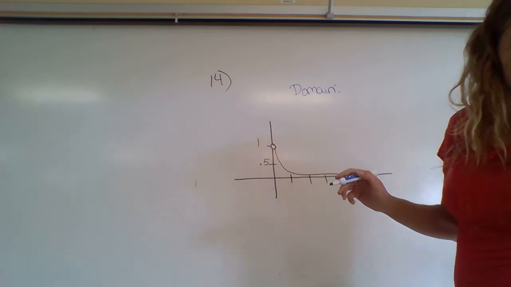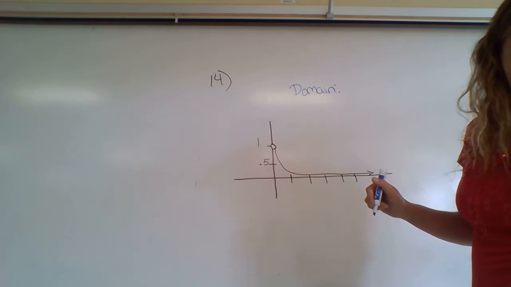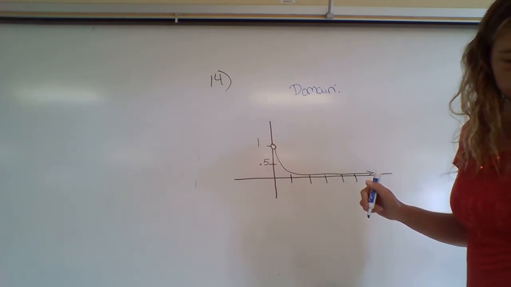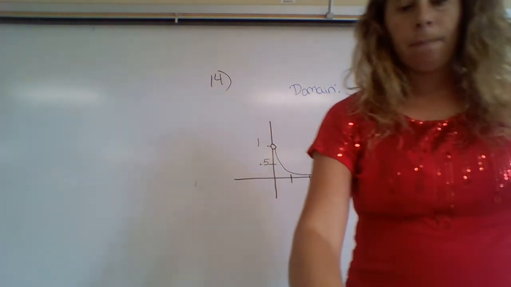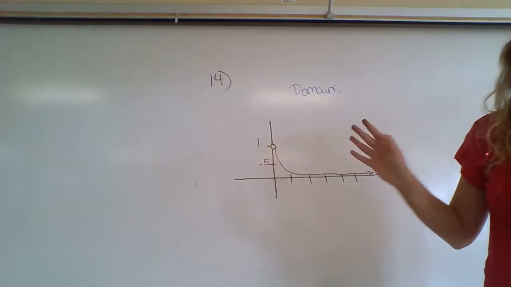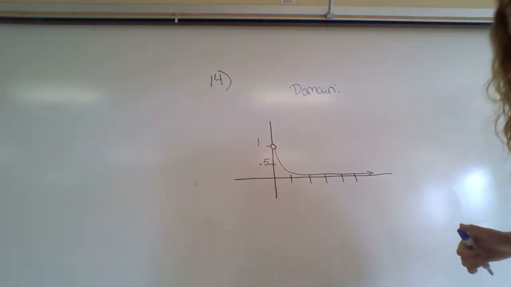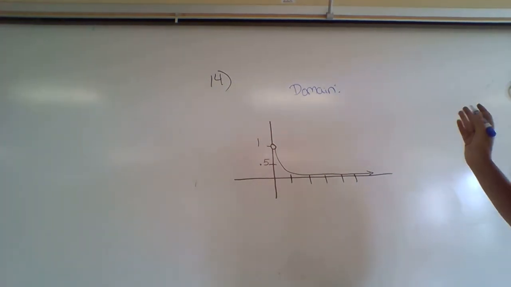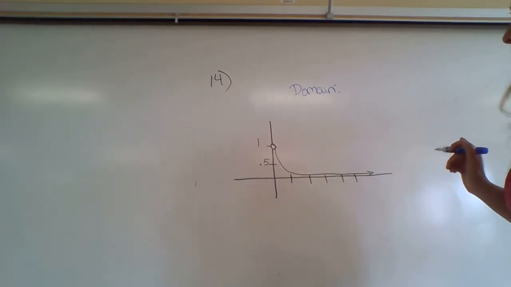Oh, this is not cool, because they don't tell you that it continues forever that way. Oh no, I read it wrong. They are being cool about it. My bad. I was looking at the wrong answer. Sorry. We're good. Domain.